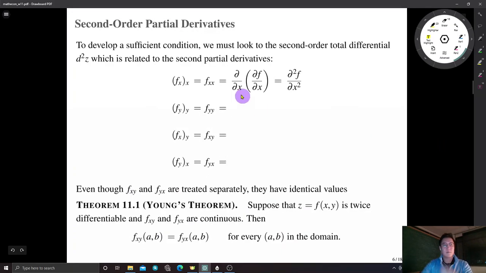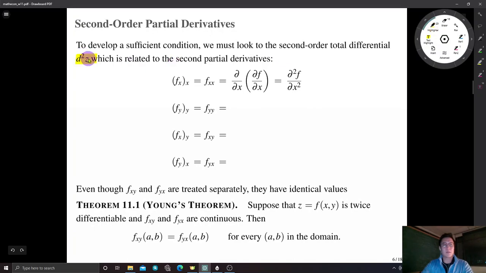All right. Anyhow, in order to find the local max or min when a function depends on several variables, we have to look up the second order condition. So we have to develop the second order sufficient condition. We must look at the second order total differential d squared z.